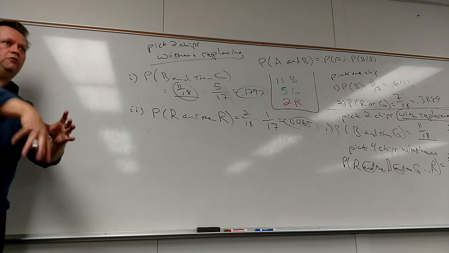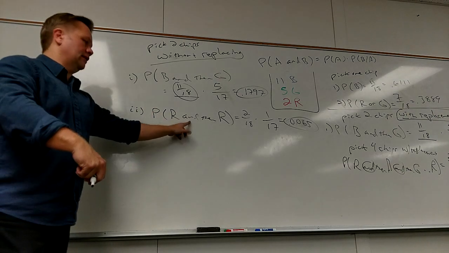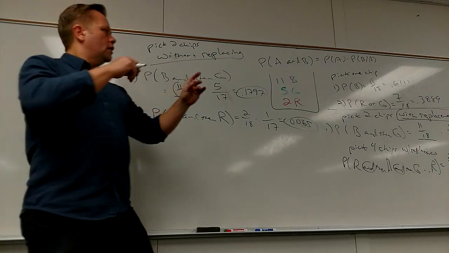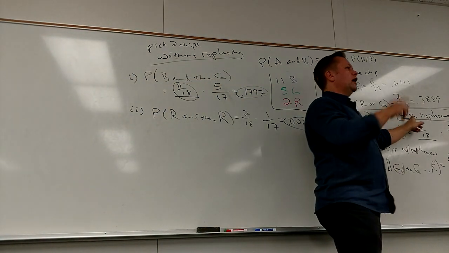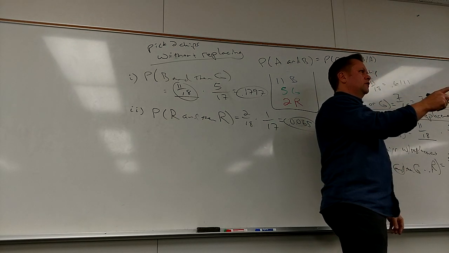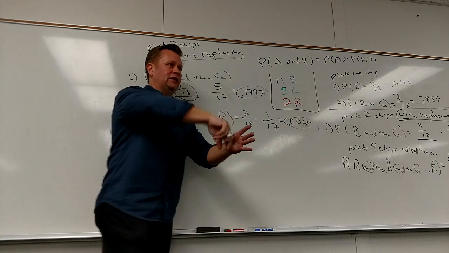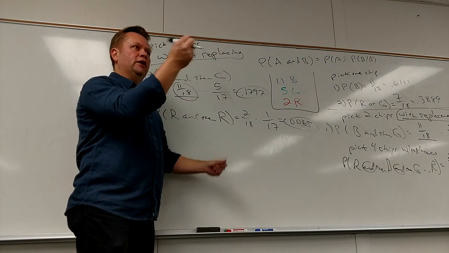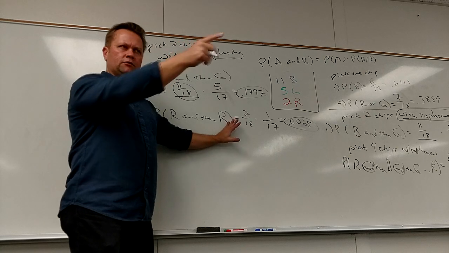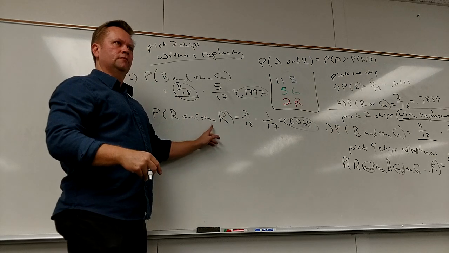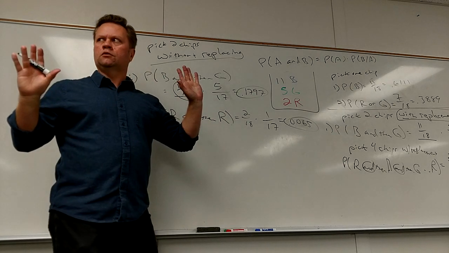If I reach in and take 2 at the same time, that is like this. Because what does this situation mean? I could pick the exact same chip again. So if I reach in and I don't take 1, I take 2, that's this, because there's no way I could pick the same chip twice. Does that make sense? It's a really good point, because that seems to be a totally different situation, but it's just this one.